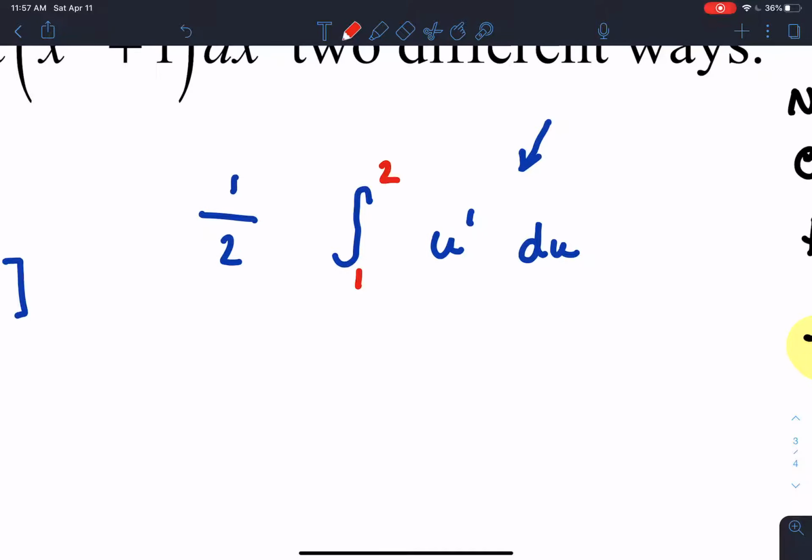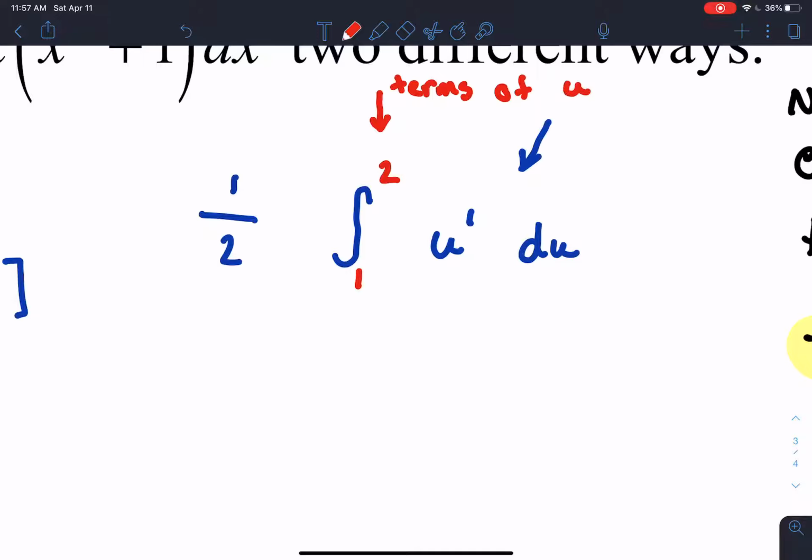Now you might be thinking, why are we doing this? This is like adding more steps back into the problem. But what we did next is we found the antiderivative, and then you substituted u back in. Because you've now changed your limits to be in terms of u instead of x, you don't have to plug u back in.